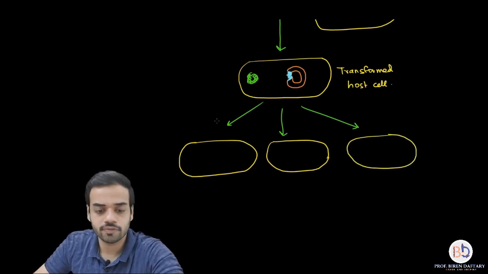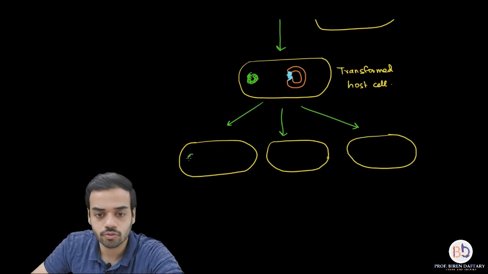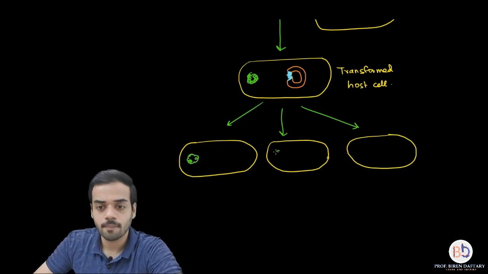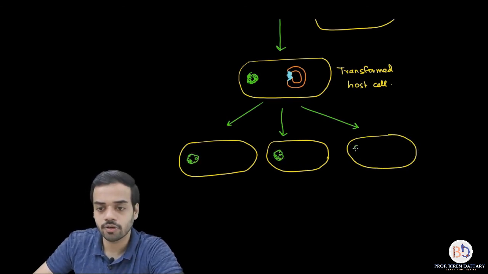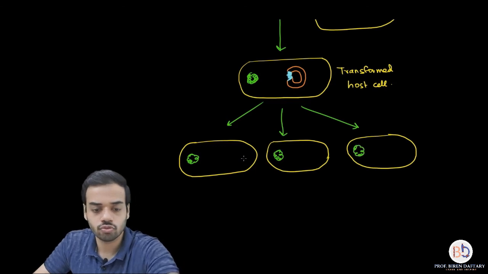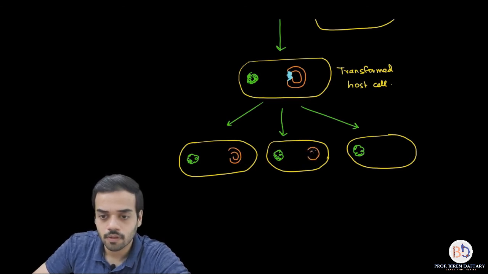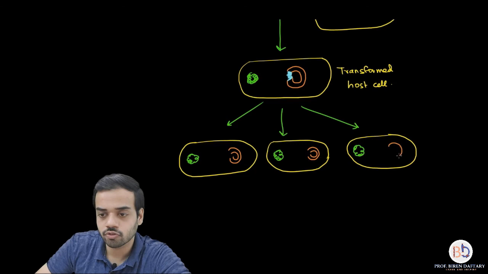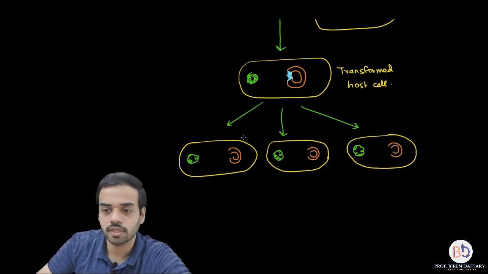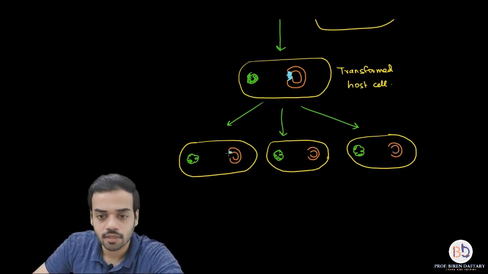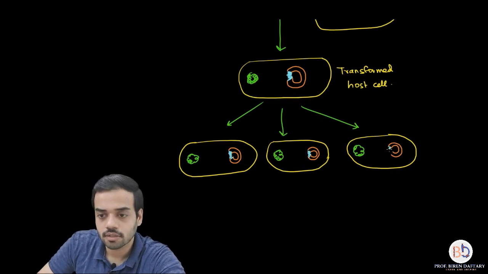Okay, and each of them I will show a nucleoid. This is the nucleoid for each one, and then I will show the recombinant DNA in each one of them. Okay. This is a proper way of showing stepwise how a recombinant DNA experiment is happening, and then the foreign DNA or the required gene inside the vector.